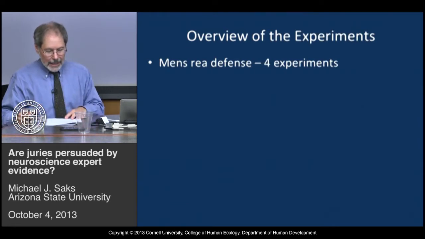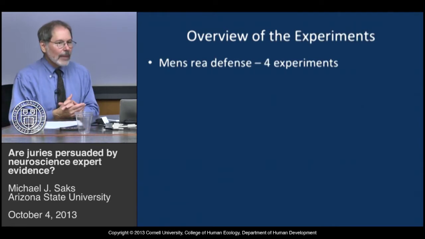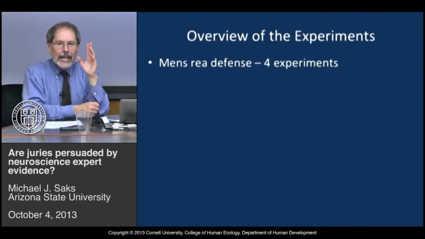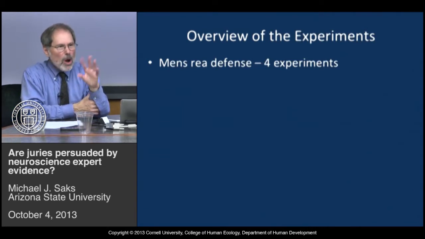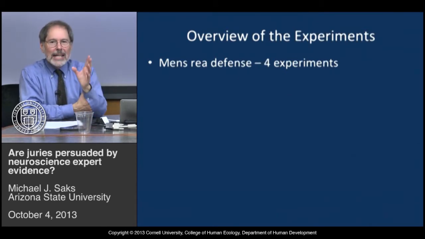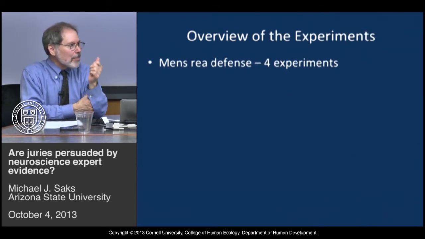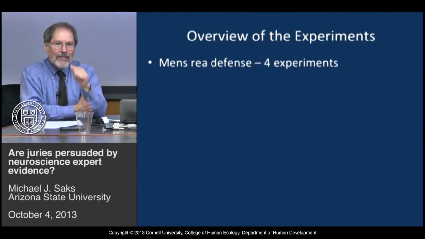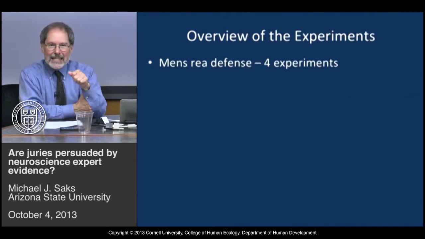If you haven't had criminal law, in order to be guilty of a crime, the great majority of the time, all common law crimes, you've got to not only perform a prohibited act, you have to have a mental state that combined with it constitutes the crime. Mens rea, that's the mental state.